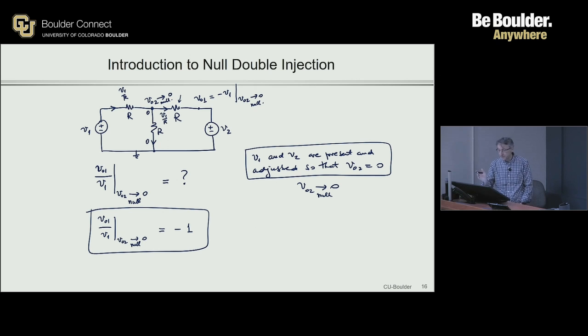It is affected by V1 because nulling does not mean shorting. It means setting it to 0 by independent action of two sources present at the same time. Okay, so we're going to apply this nulling now in 3 steps that follow and lead to getting the final result for the feedback theorem Wednesday.